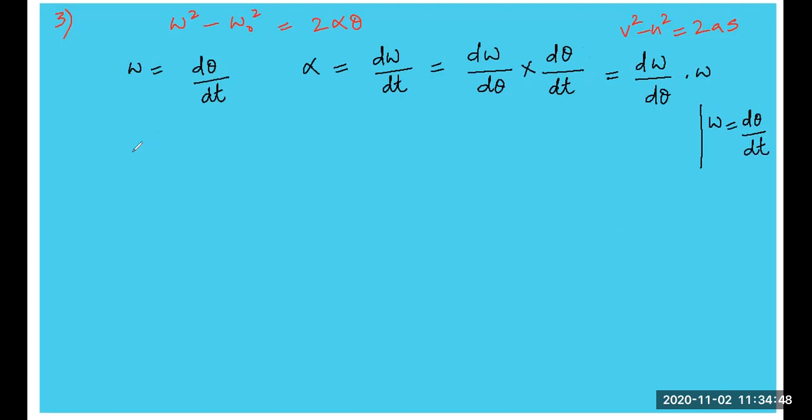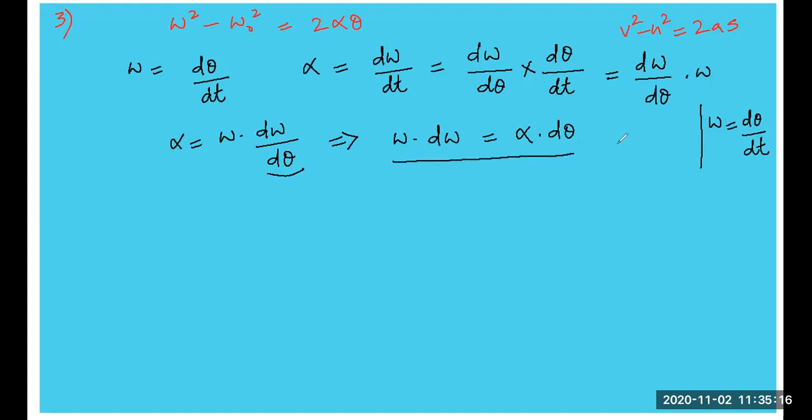So students, I got an expression: alpha is equal to omega d omega by d theta. From this, I can easily say omega d omega is equal to alpha d theta. So I'll take d theta to this side, right? I got this equation. So let this be the first equation.